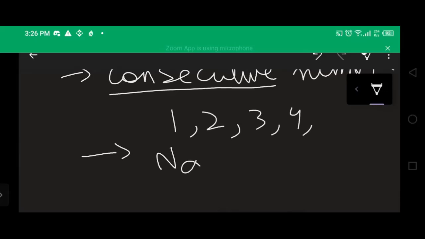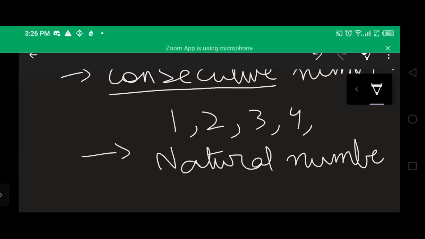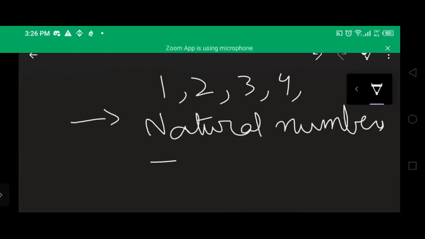What are natural numbers? I think whole numbers. Natural numbers are all those numbers which exist in the real world. So basically all the numbers. What are integers?